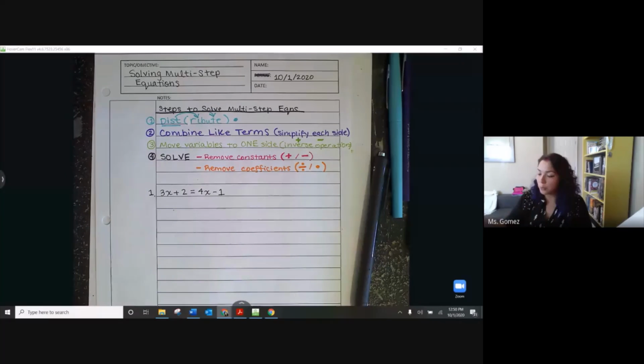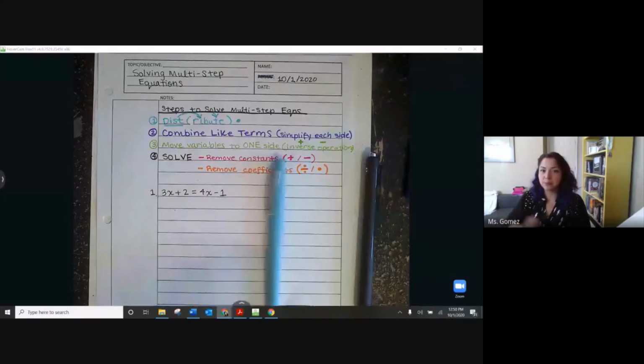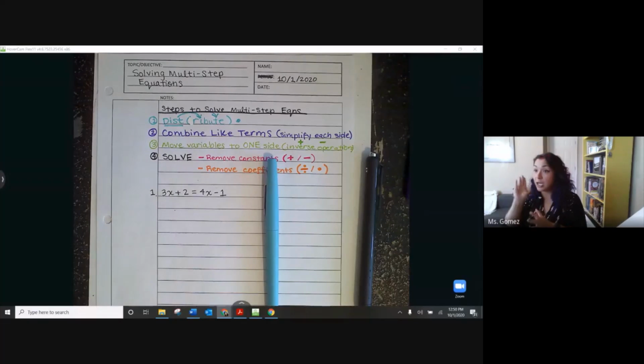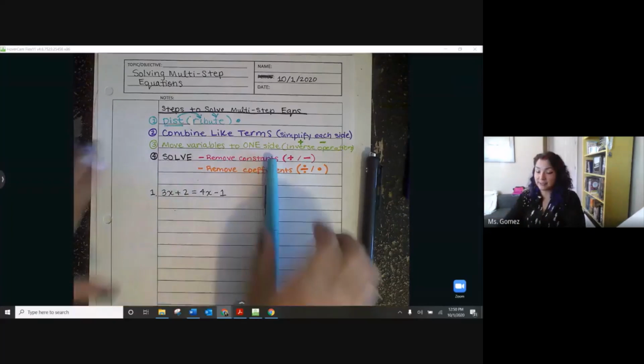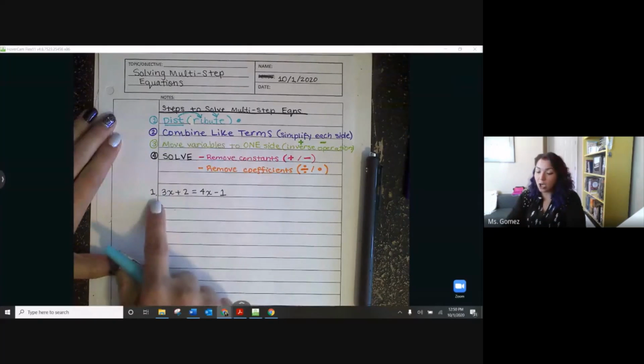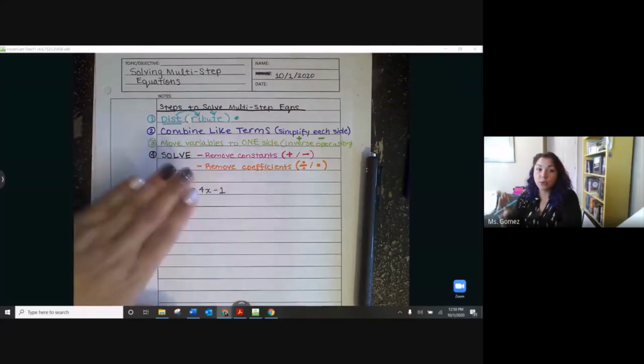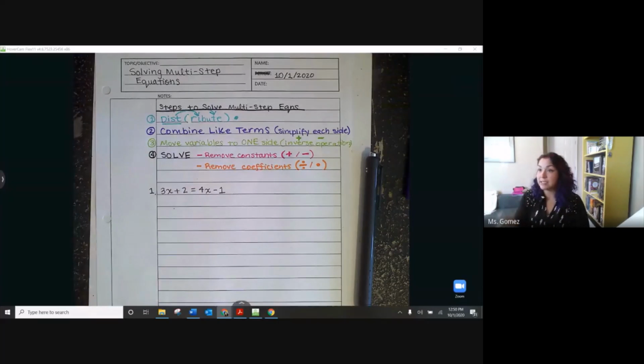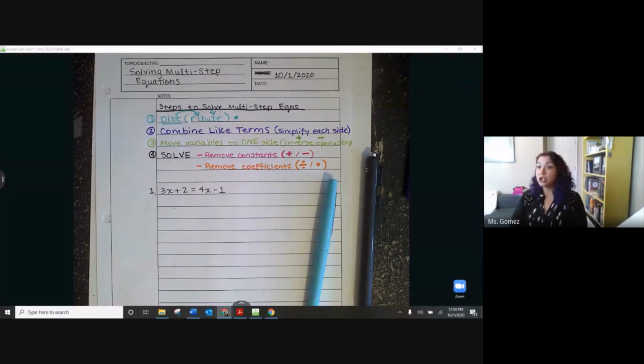So first I'm going to check my blue. I'm going to take a look into the chat now. You can unmute if it's quicker. Do I have any parentheses on the left or the right side of the equal sign, which means distribute? Yes or no? Do I need to distribute?